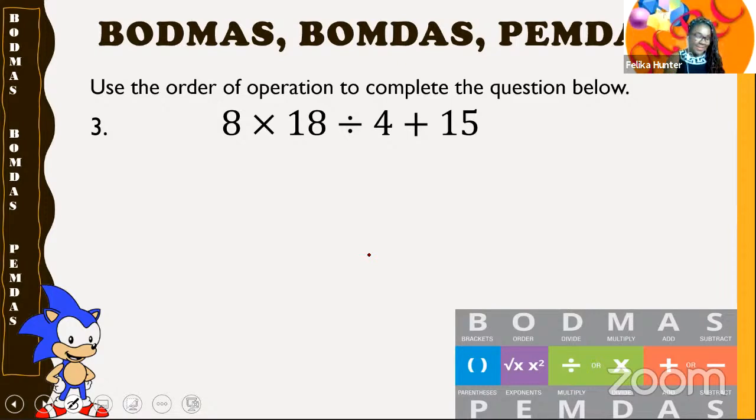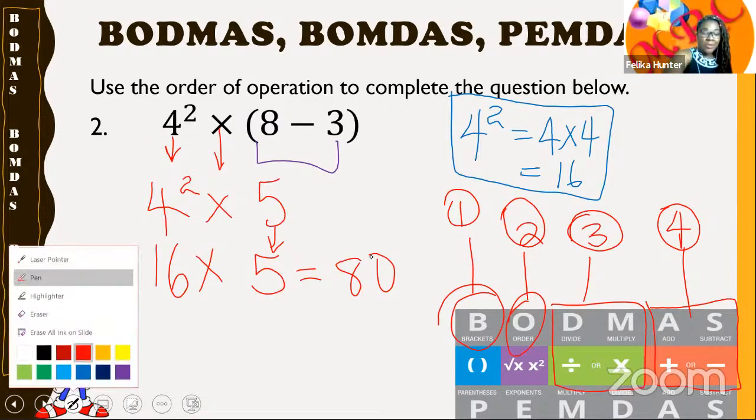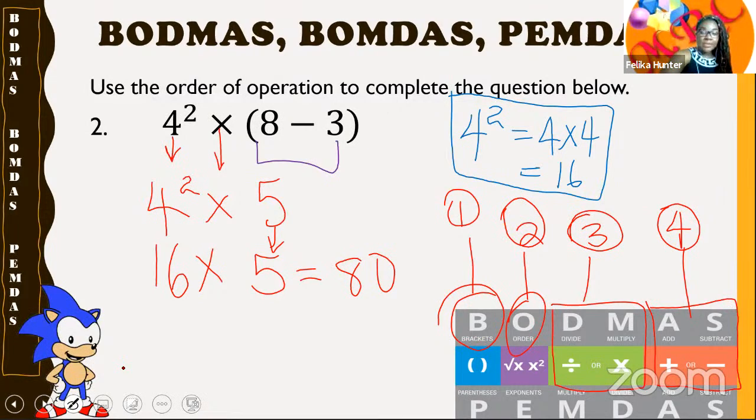Claridine says he thought it was 4 times 2. No, 4 square means 4 times 4. Let's backtrack and show you another example. If it was 3 square, it means 3 times 3. 7 square, 7 times 7. 8 square, 8 times 8. 9 square, 9 times 9. 10 square, 10 times 10.